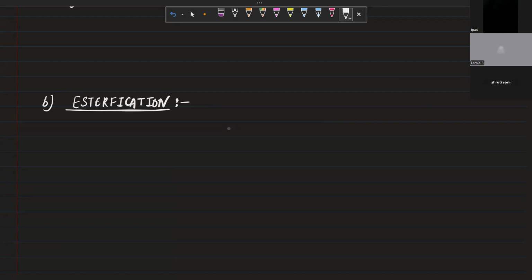Ester is like when you have R and then O double bonded to R, and then O.